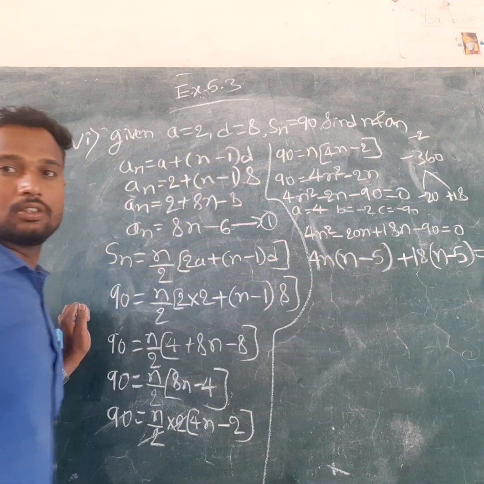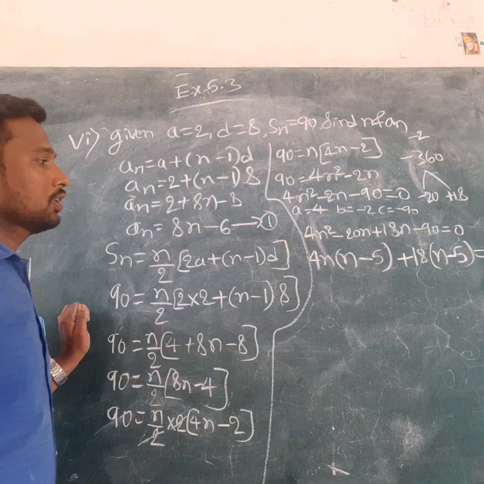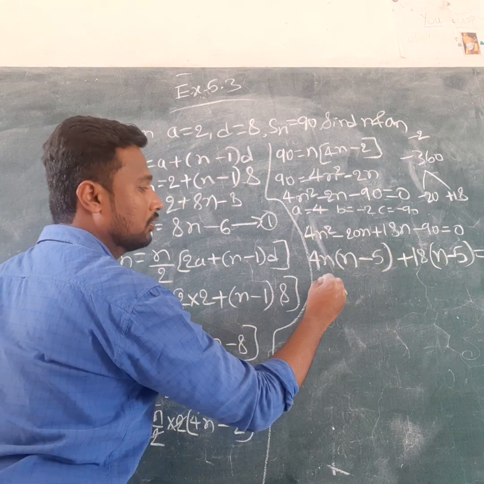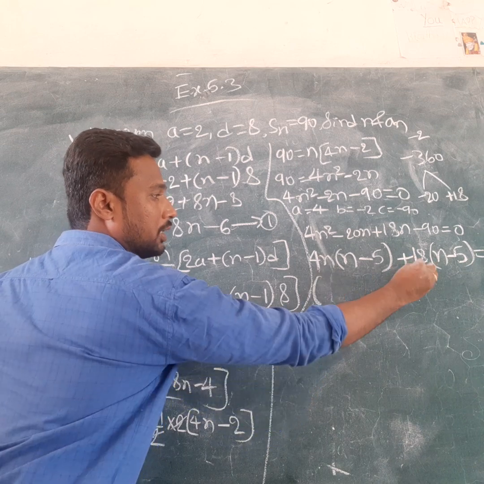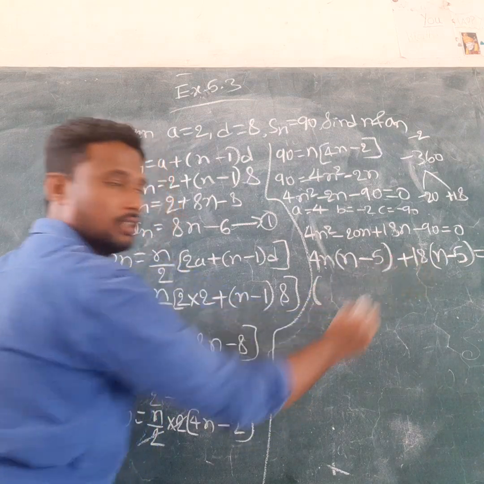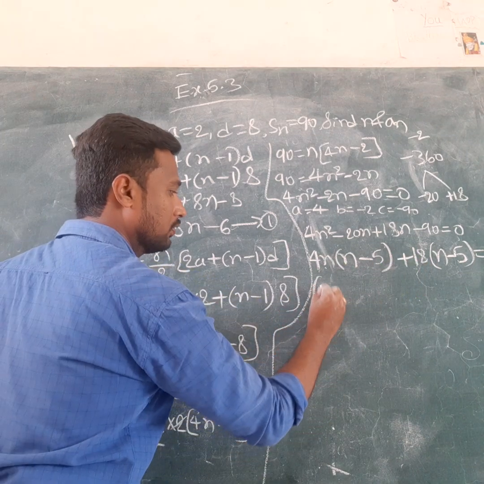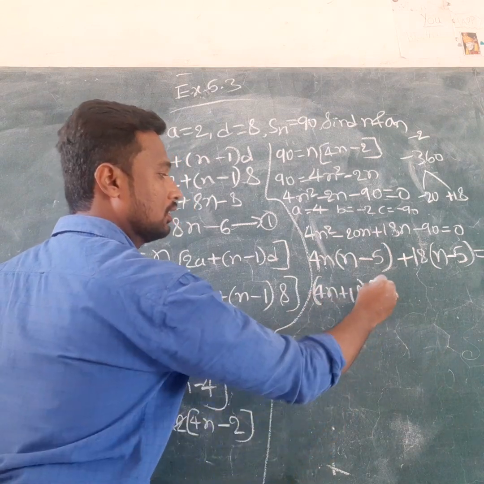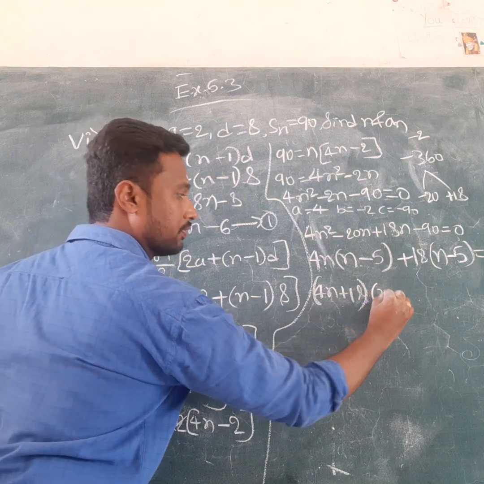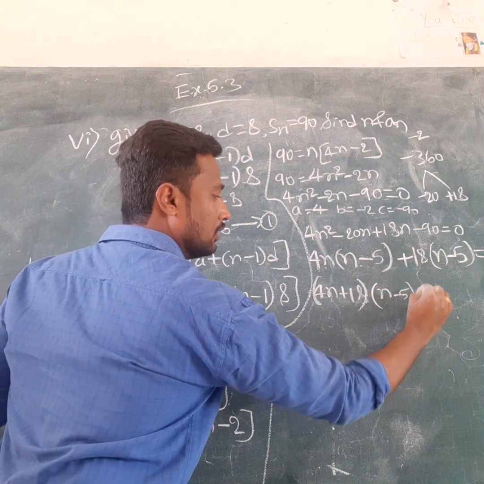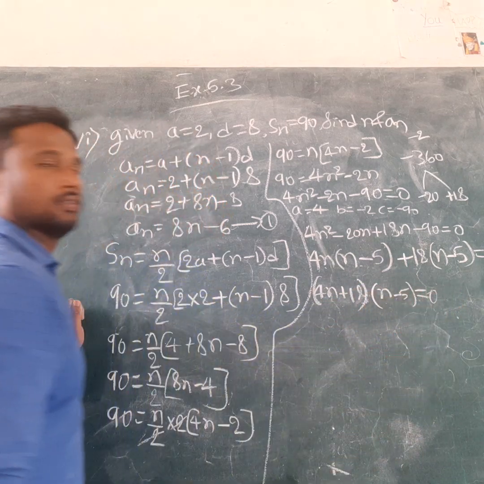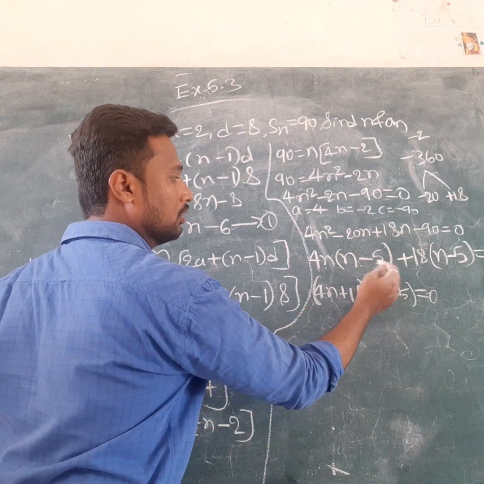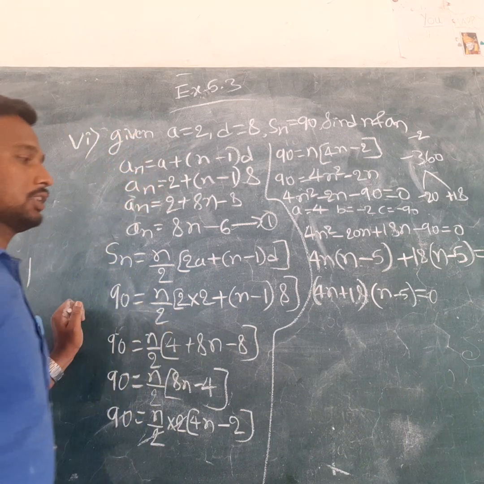Equal to 0. Next, n minus 5 is the common factor here. Now I will consider 4n plus 18 into n minus 5 is equal to 0.